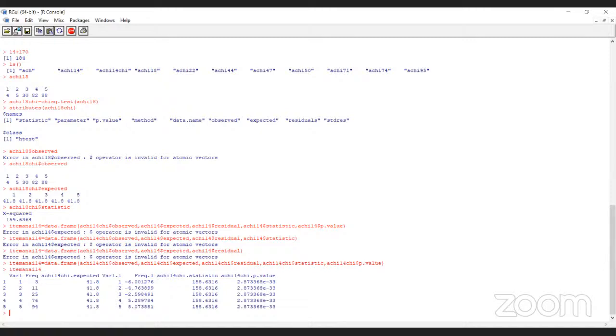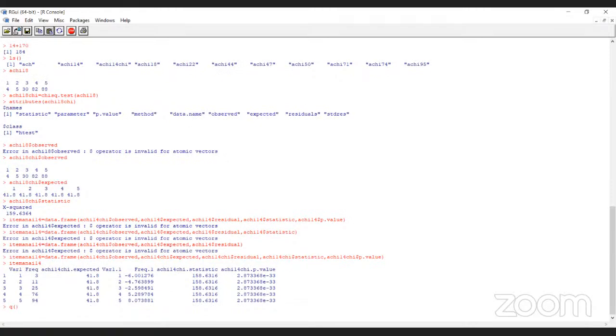So now you write down Q, opening bracket, closing bracket. Then enter. Save. Yes.